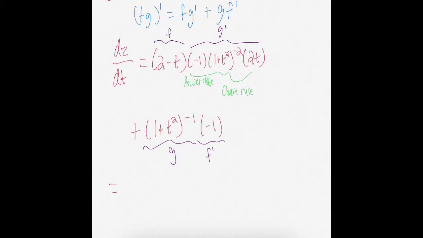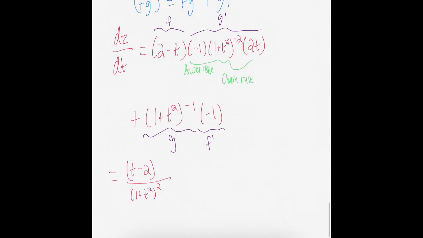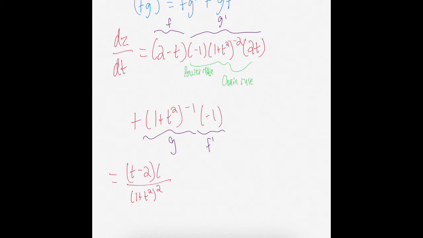Okay, so let's go ahead and multiply this out. We can simplify it a little bit. And that first part, okay. So I've got a 2 minus t times negative 1, so that's giving me a t times t minus 2. I'm going to move the 1 plus t squared to the denominator so that I can make that minus 2 exponent positive.